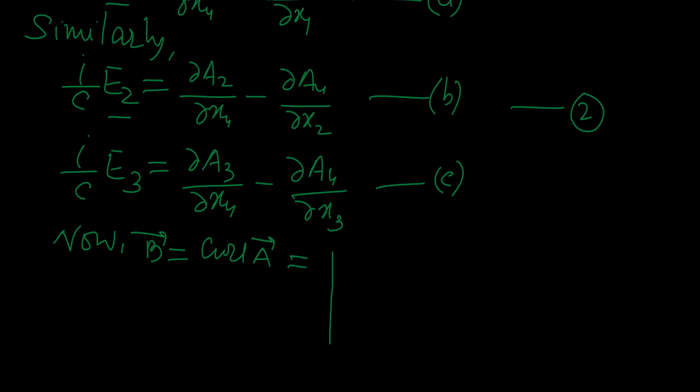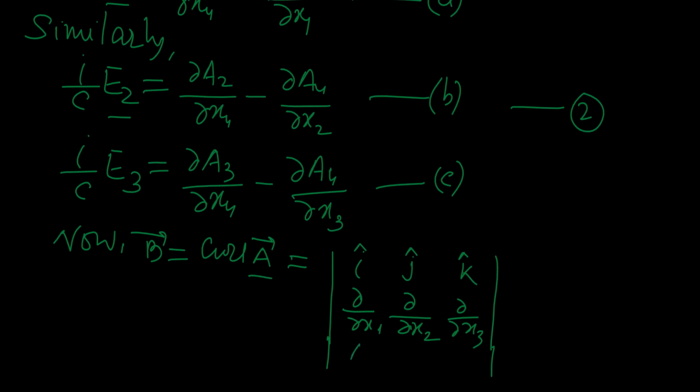In determinant form we write it: i, j, k; del x, where x is written as x1; del y, y is written as x2; del z, written as x3; and now the components of vector A, which will be Ax, and instead of Ax we will write A1, instead of Ay we will write A2, and instead of Az we will write A3.